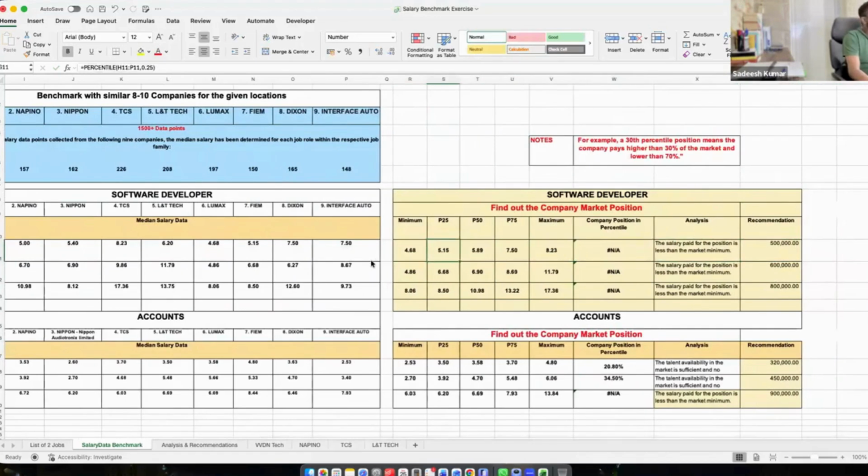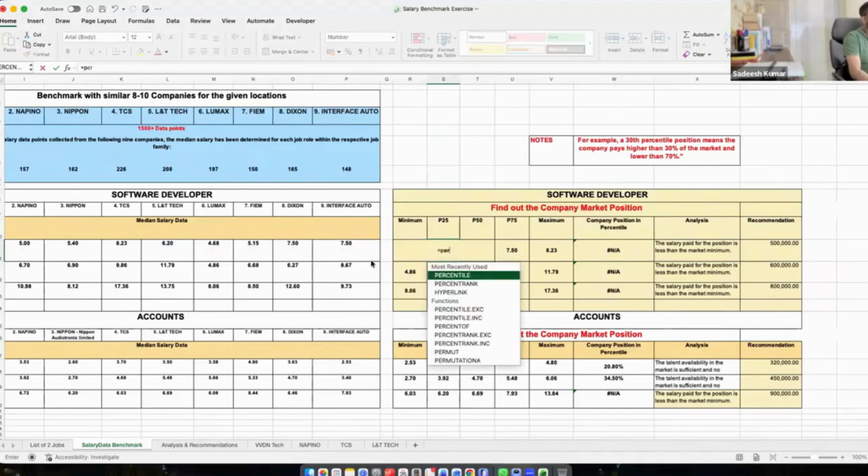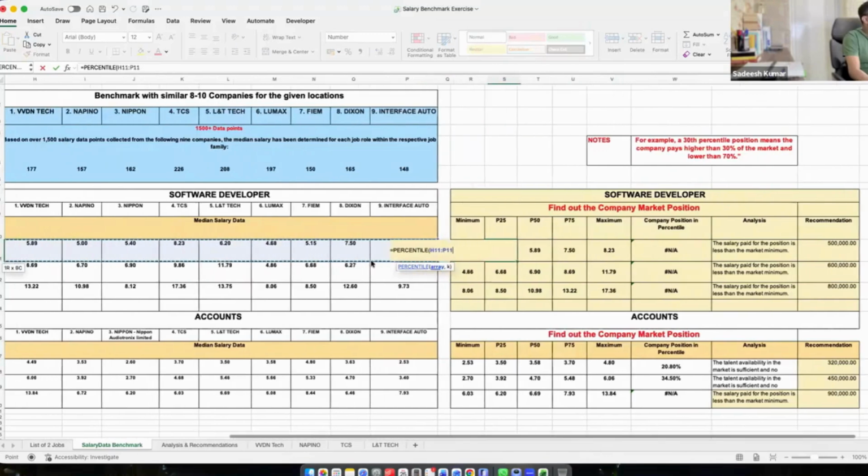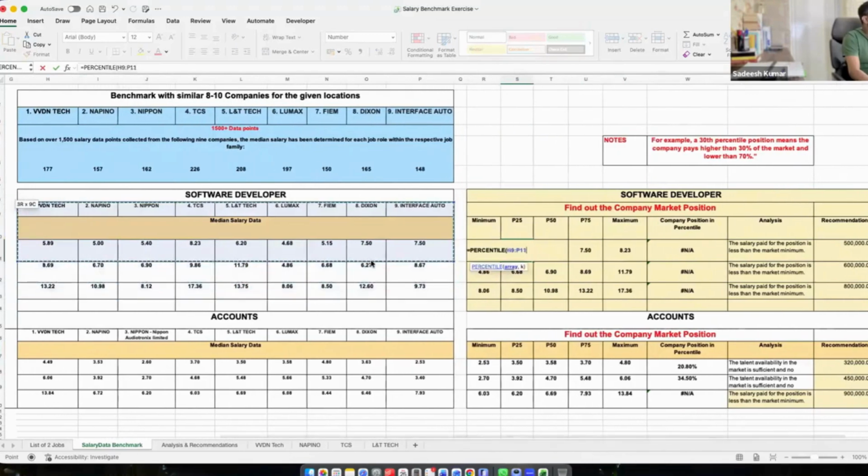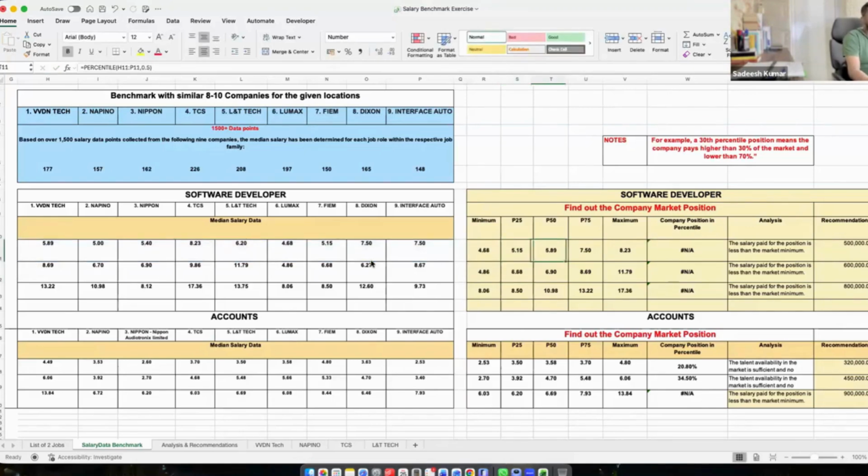The 25th percentile was identified by using the formula percentile, and the array is the salary data. It is the 25th, so it is 0.25. And then we got the 25th percentile.